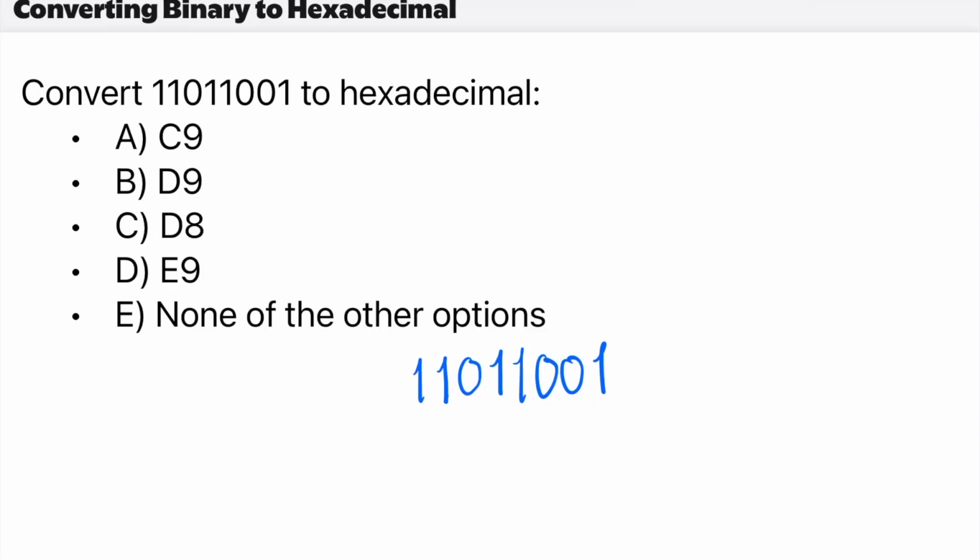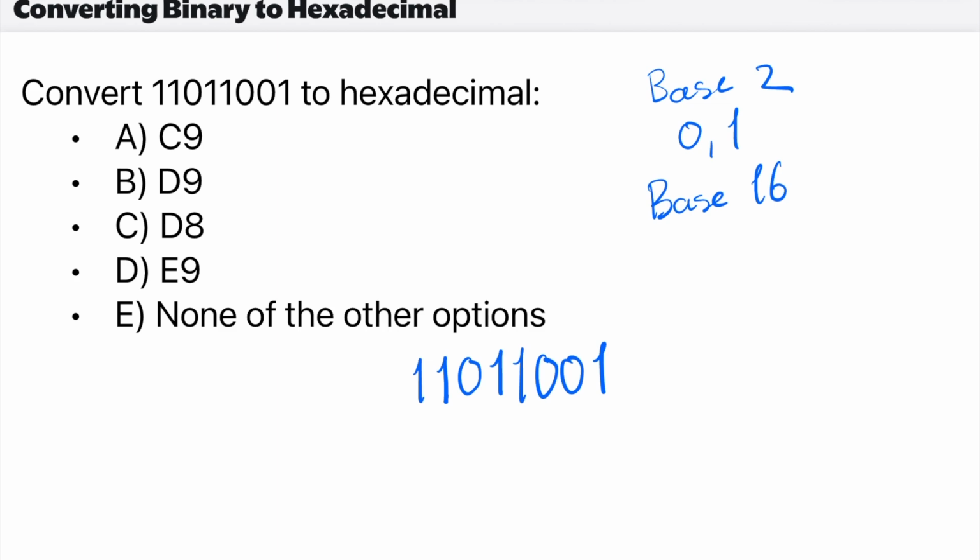Today we'll be taking a look at converting binary to hexadecimal. So let's begin, just a quick refresher. Binary is in base 2 and consists of zeros and ones only. Then there's base 16, also known as hexadecimal.